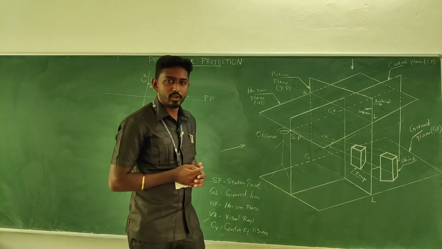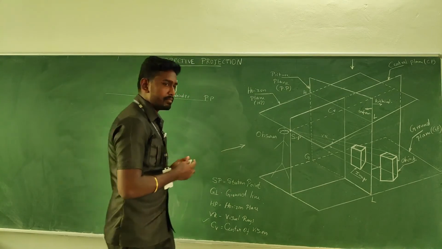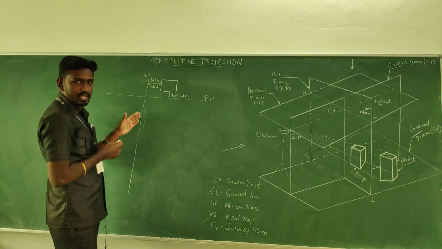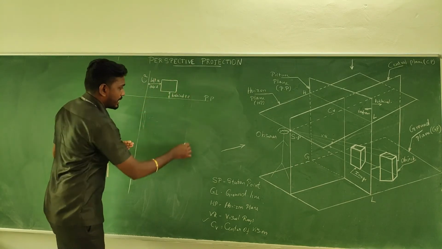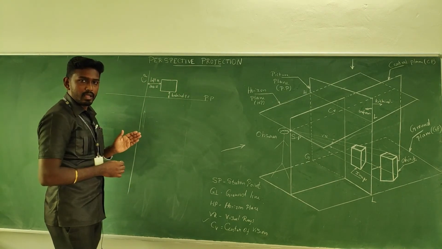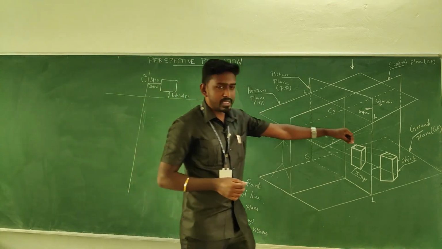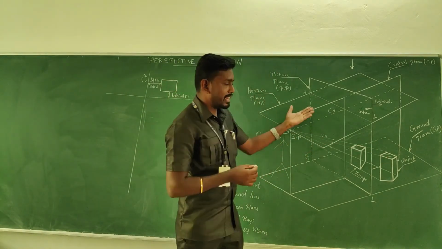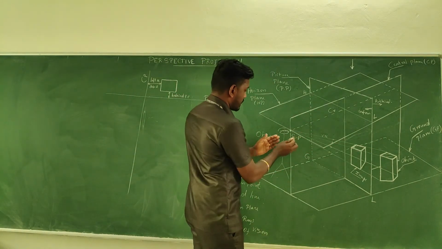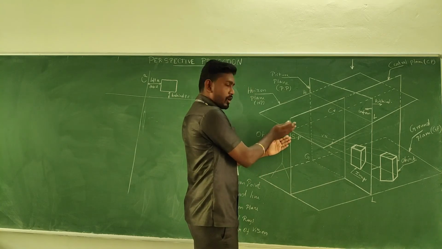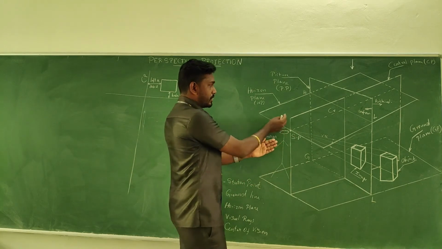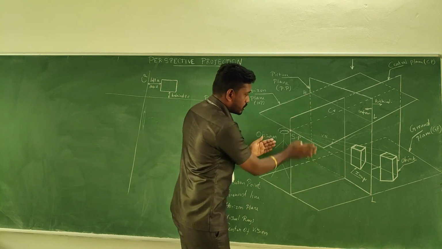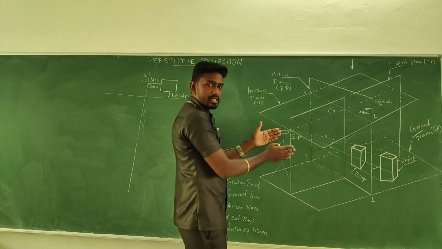And if you want to represent this CP on the right side, then where does this object need to be placed? For example, here I got the left side of the CP. If you want to draw the CP on the right side, then what would be the position of the object in this plane? This should be placed in this behind segment, that means inside of it.